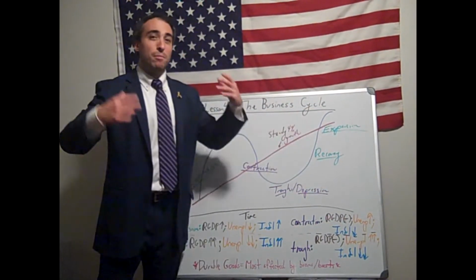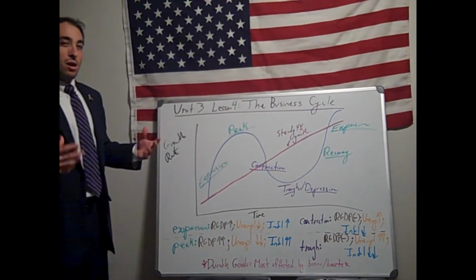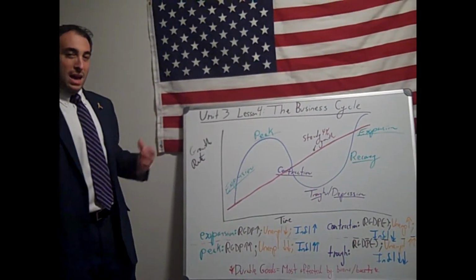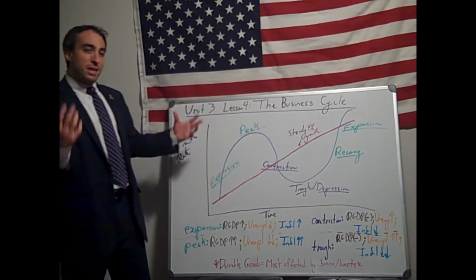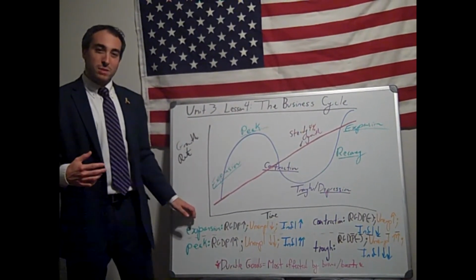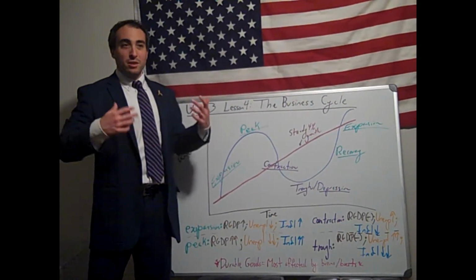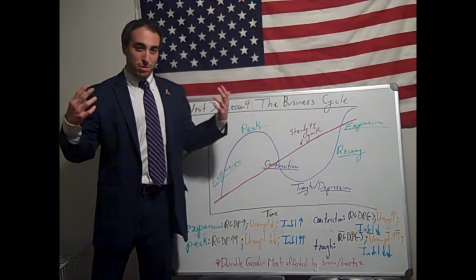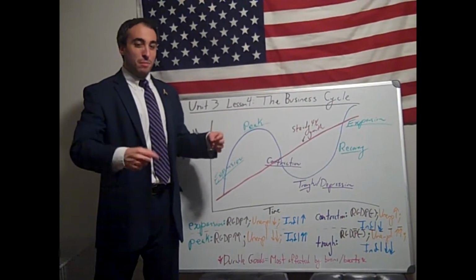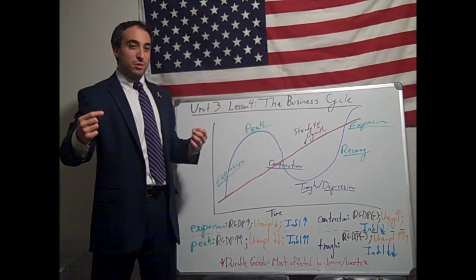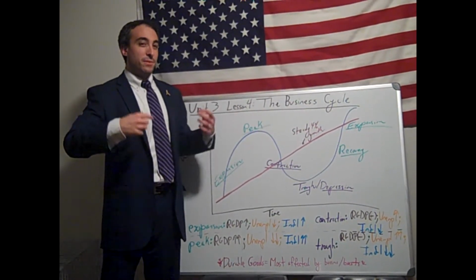So let's take a look at how we use our economic indicators to see where we are in the cycle of boom and bust. So first we have our expansionary stage, and in our expansion, real GDP is increasing at a decent 3 to 4% steady growth rate. Because real GDP is increasing, because there's an increase in spending on newly produced goods and services, we can infer two things.